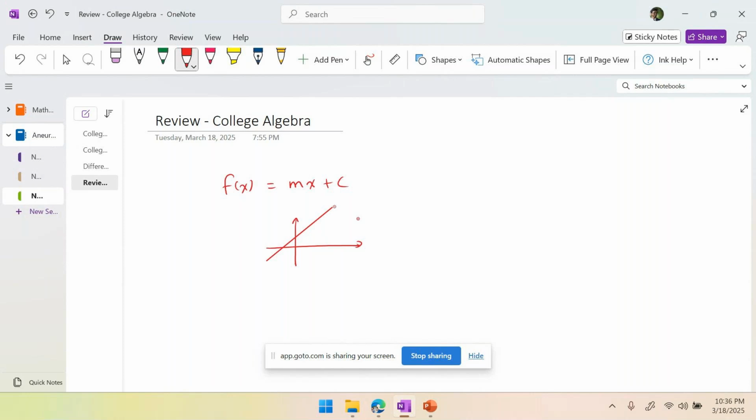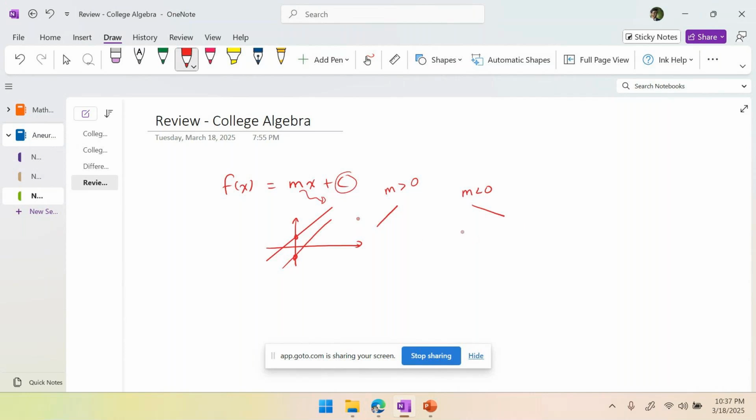I consider it your responsibility, and you can always come and talk to me if you have any questions. So here we have a straight line, and this is the slope, and this is the y-axis intercept. If you have a negative c value, you have the intercept in here, and if the value of m is greater than 0, the line will look like this, and if it is negative, you will have an inclination like this.